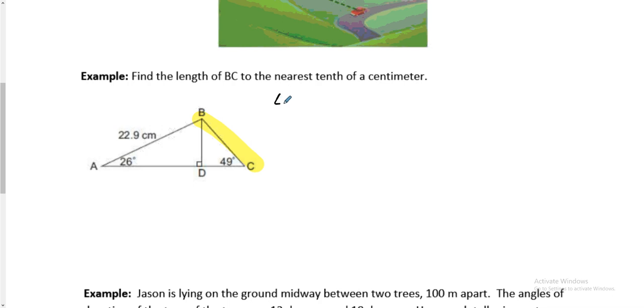So if we look at angle A, that is 26 degrees. Our hypotenuse is 22.9 centimeters. In this case, our opposite is BD. This is the one that we want.